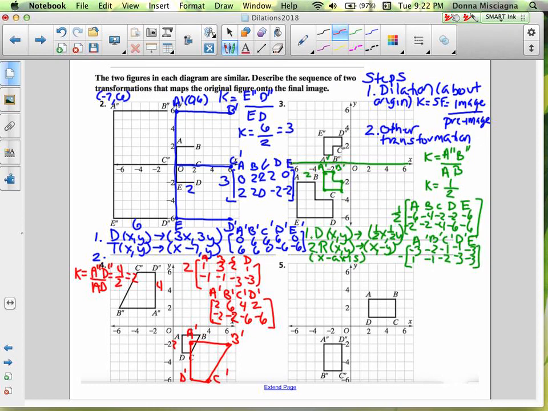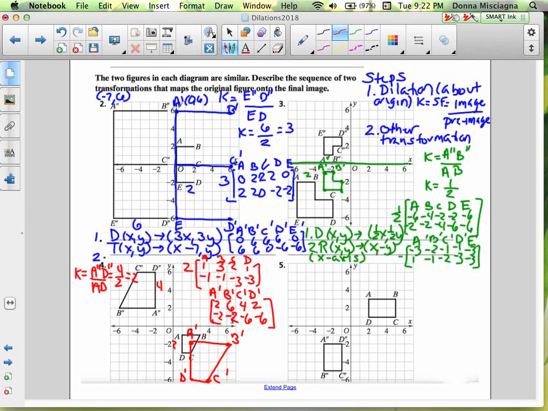But what if we were to turn this? Could it be a rotation? Well, let's take a look at our points here. A prime, for instance, is at 2, -2. And A double prime is at -2, 2. They're the same, right? But the signs are the opposite.